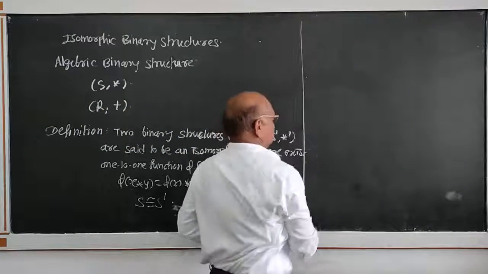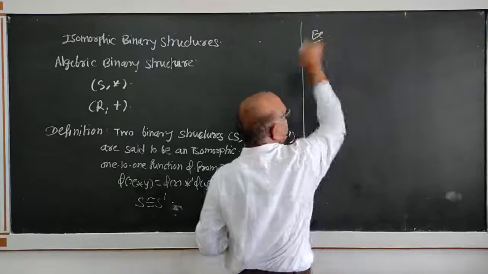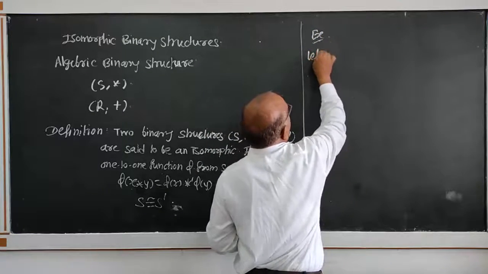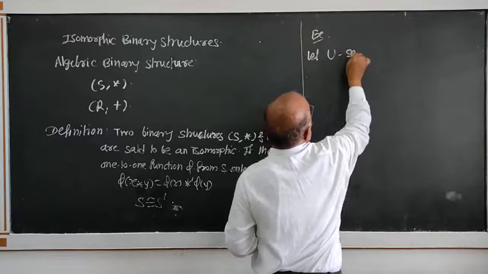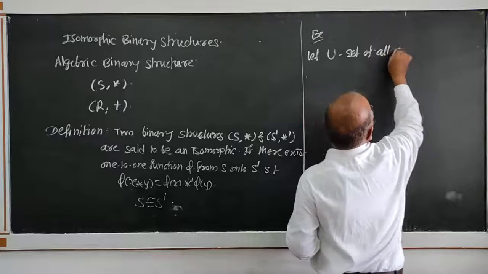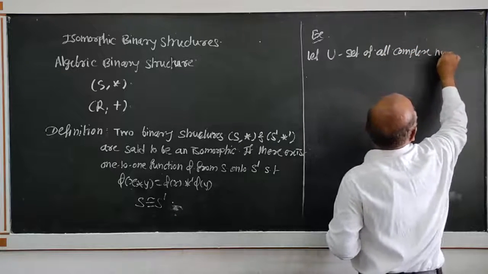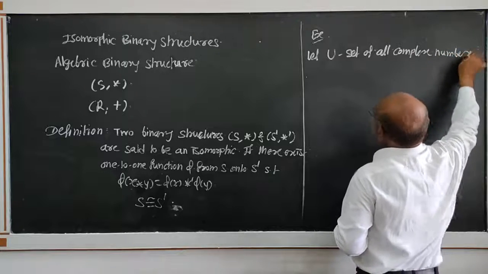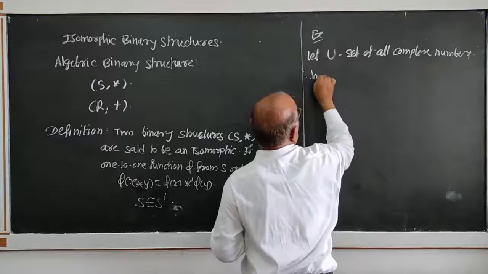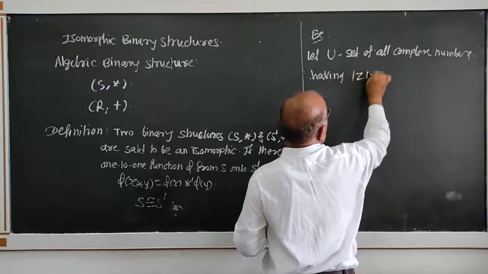For example, let U be the set of all complex numbers having mod z equal to 1.